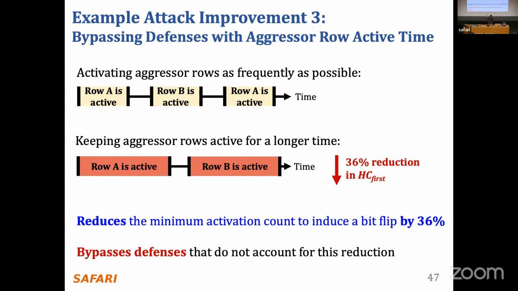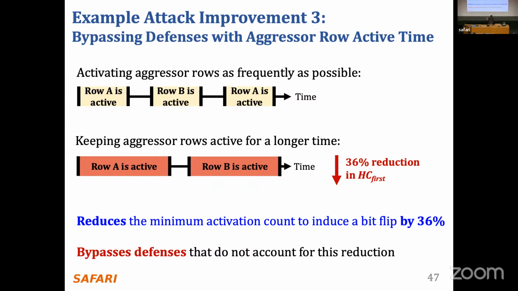As the figure shows, in the old days of RowHammer, we wanted every row to be closed as early as possible so that we can activate the other row as fast as possible. But what we do here is keep a row open for a longer period of time, and we see you need much fewer aggressor activations to induce the first bitflip.